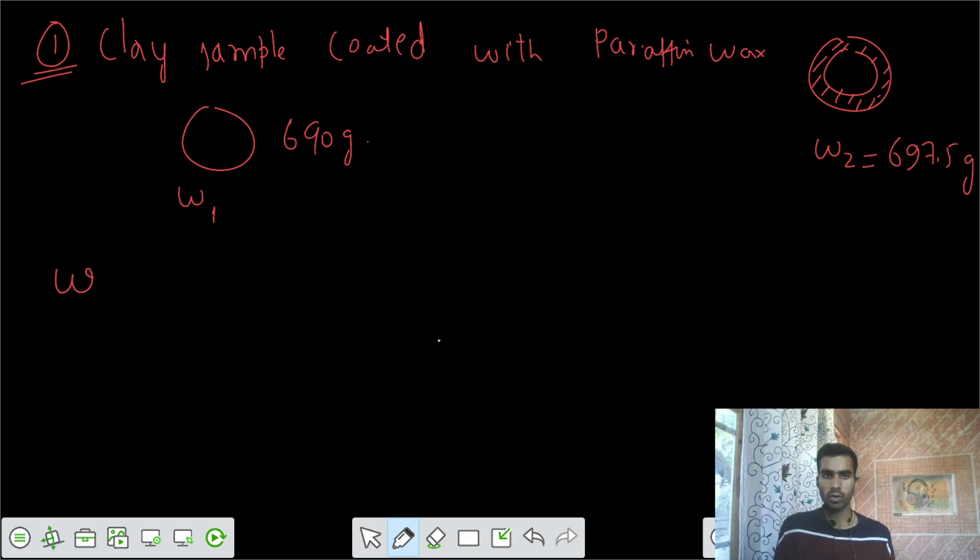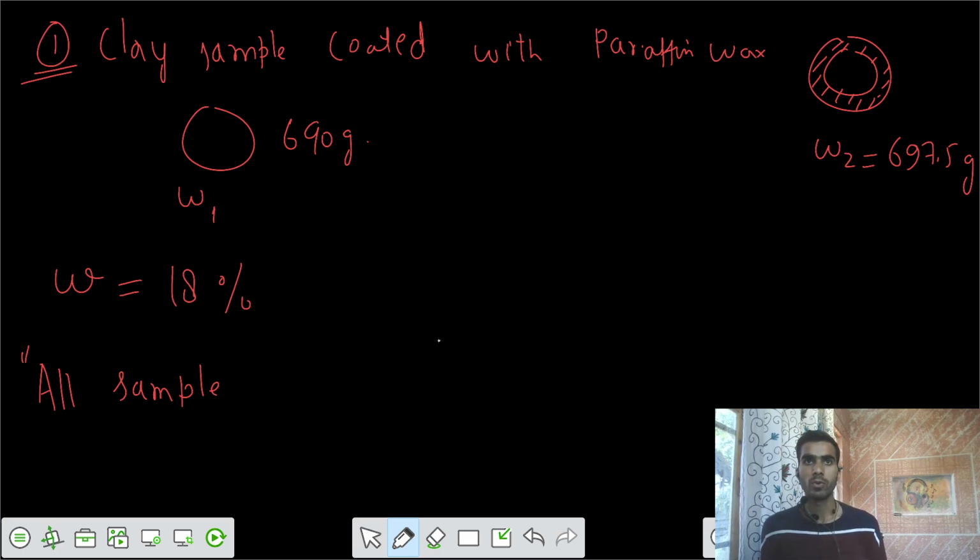We have also determined the water content of the soil sample, which is 18%. All the sample is immersed in water. That means the volume of the whole sample is the volume lost from the tube, so you can calculate the total volume of the sample.